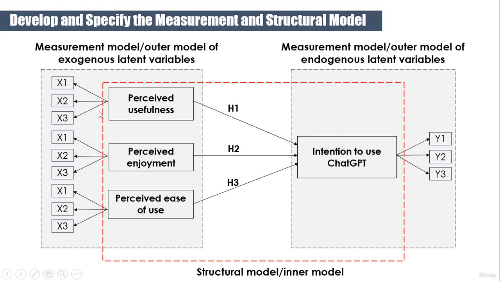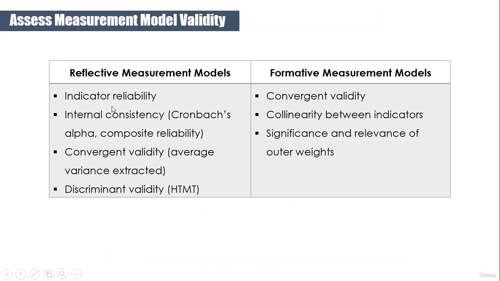The procedures for validating reflective constructs and formative constructs are a bit different. Mainly, reflective measurement models are used popularly. However, sometimes we use formative measurement models if it is denoted in the literature or it has support from previous studies. At that time we can use the formative measurement model.